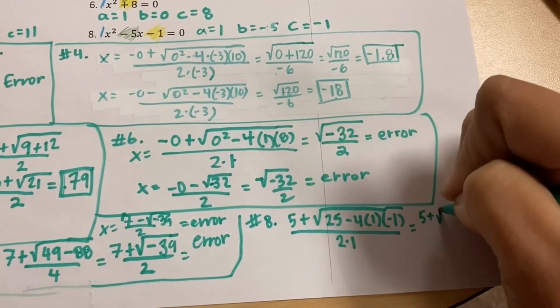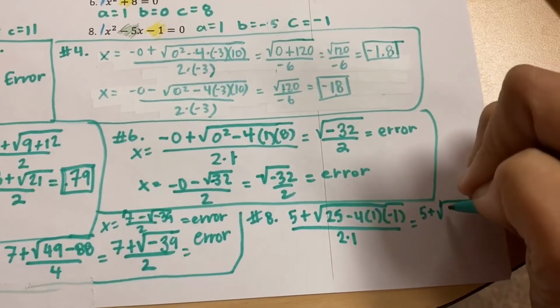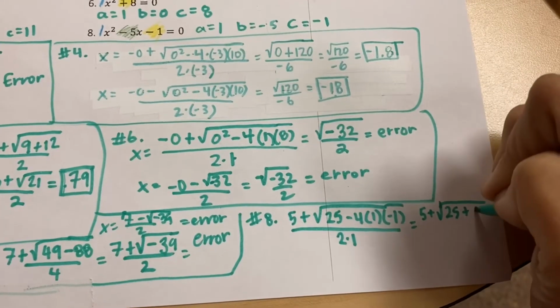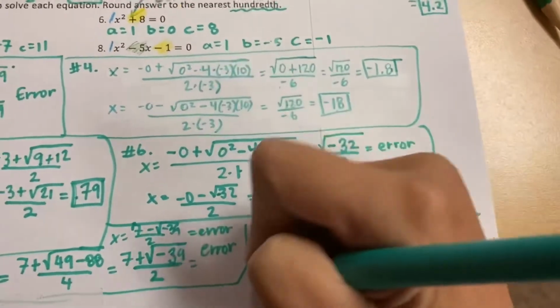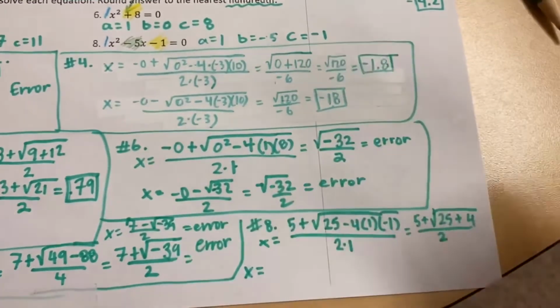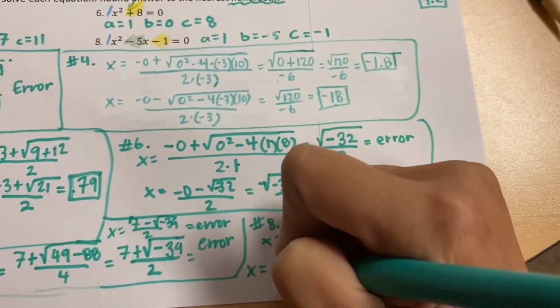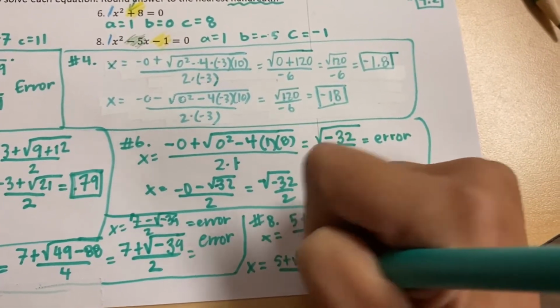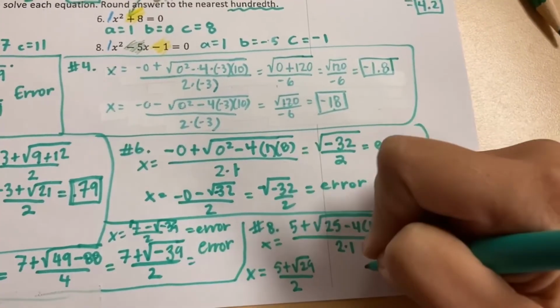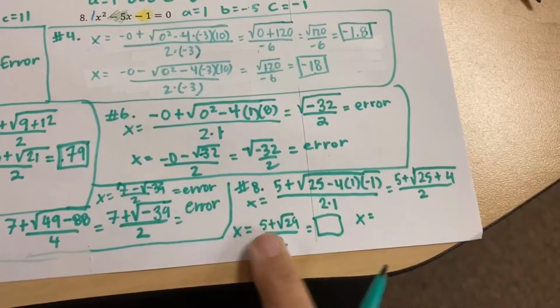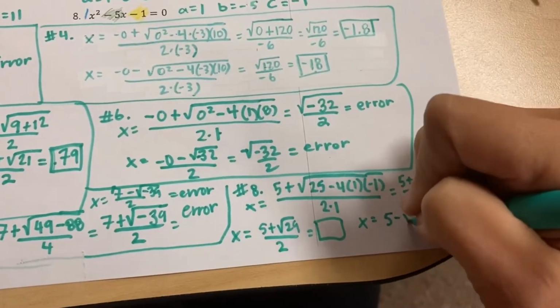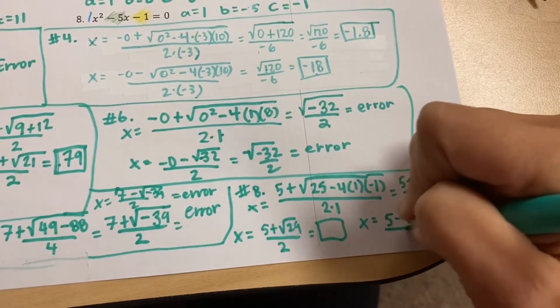We have 5 plus the quantity 25 plus 4, all over 2. So we get x, this is our x value, x is equal to 5 plus the square root of 29, all over 2. And we'll turn that into a decimal. We would also get the number 5 minus the square root of 29, all over 2.